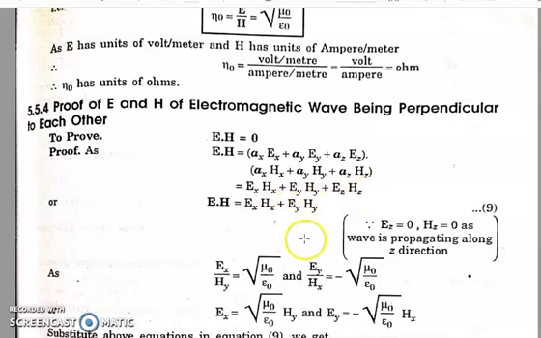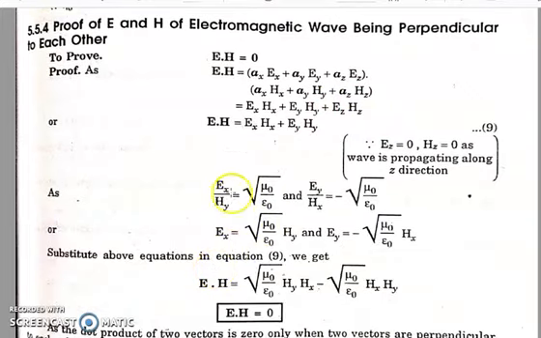As we assumed in the starting, for uniform plane waves, Ez is equal to 0 and Hz is equal to 0, as our uniform plane wave travels in the z direction. Therefore the z components come out to be 0.